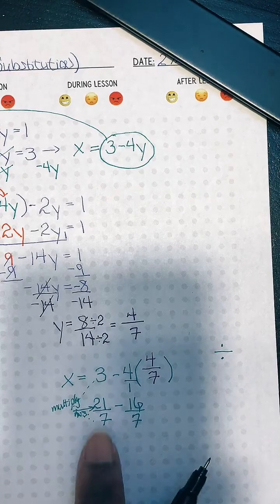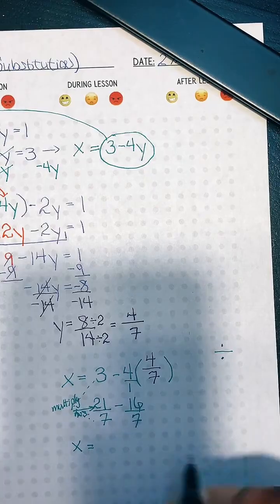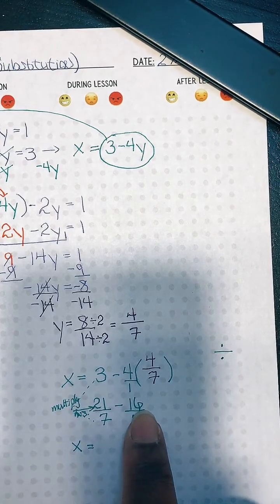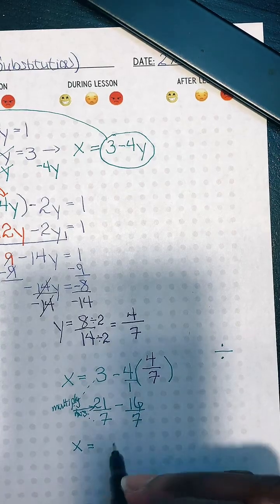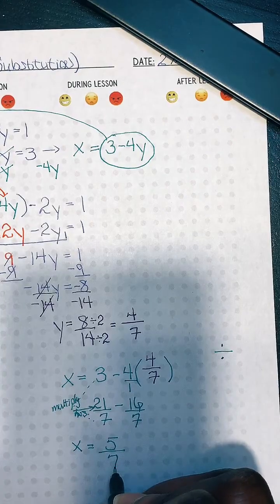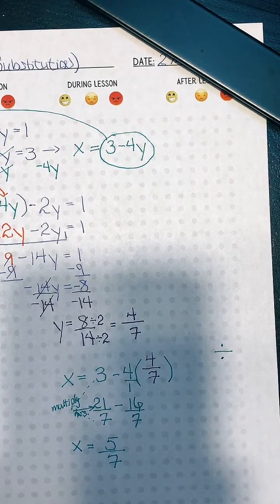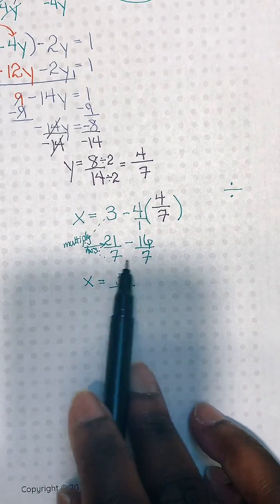So now, let's do our subtraction. Let's finish this out. So 21 minus 16, Lexi's saying it is 5 over 7. Because when you're subtracting, you're not doing anything with the denominators.